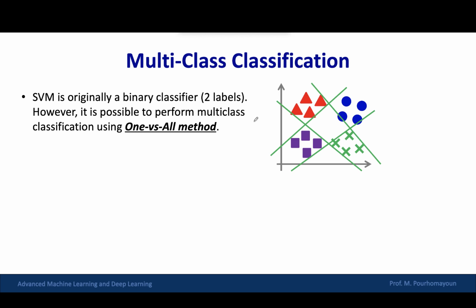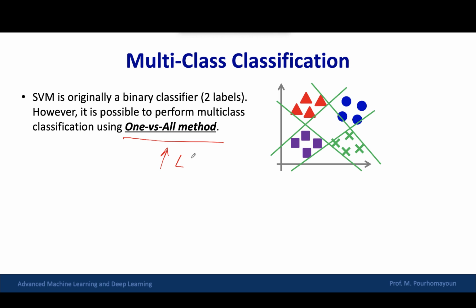So the best approach for SVM to handle non-binary labels is a method called one versus all, okay? And we can apply it for all classifiers that are originally designed for binary classification.